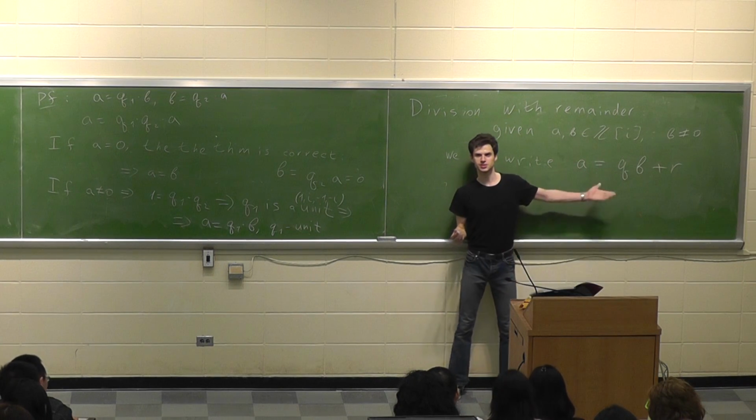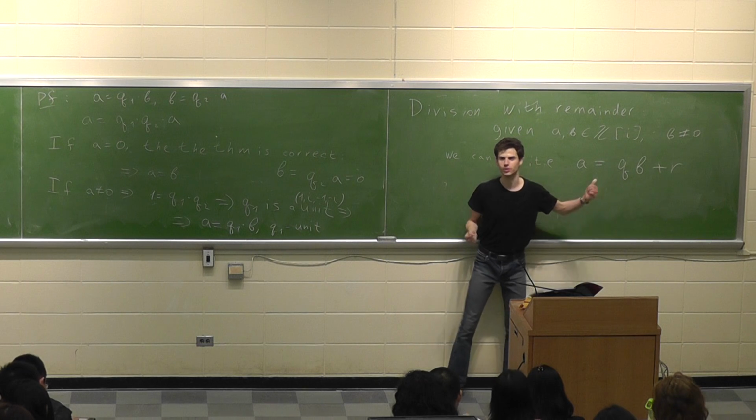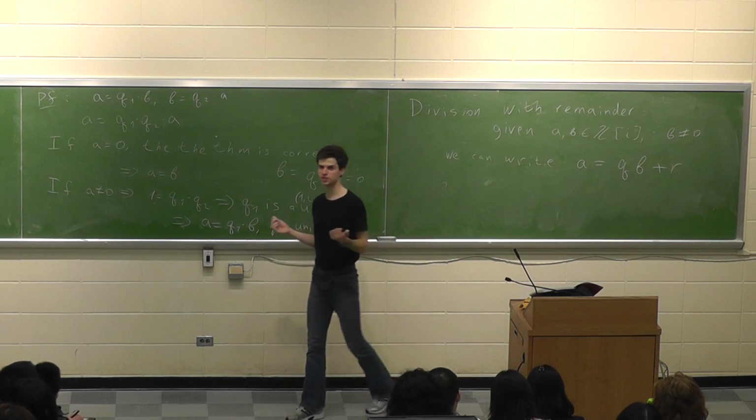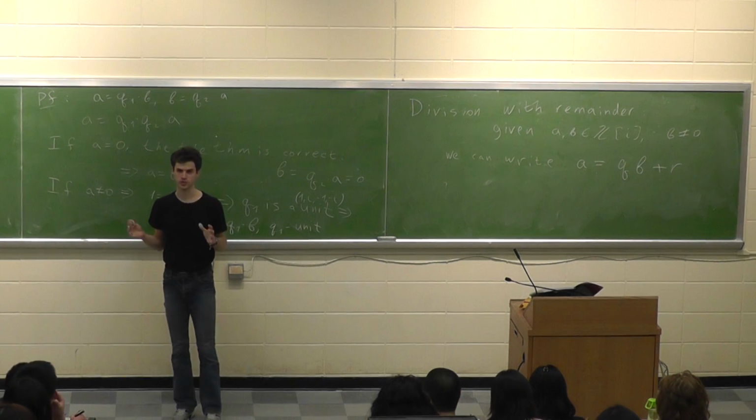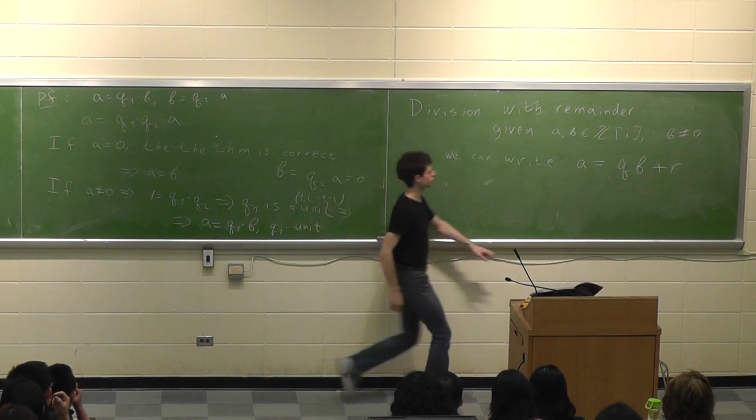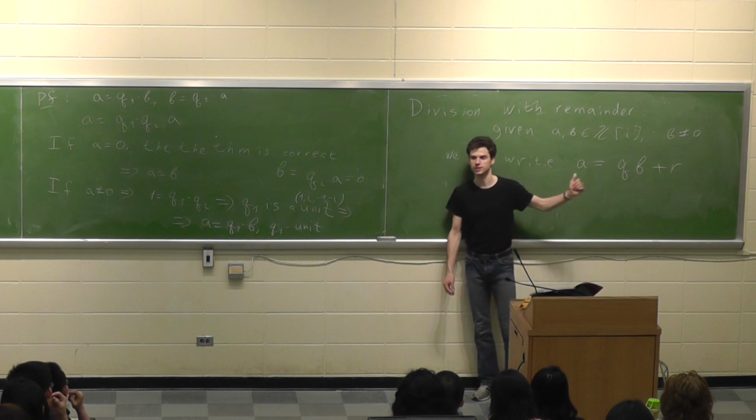Now the question is, what do we mean by remainder? In usual integers, we mean just some number between 0 and B. So it's some number which is smaller than the thing by which we are trying to divide.